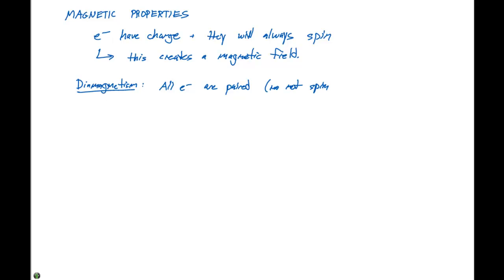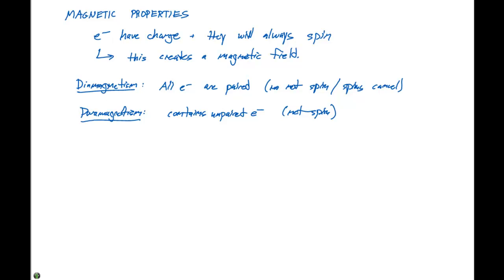There's no net spin, or the spins cancel. And there's paramagnetism, where we have a species that contains unpaired electrons. So there's a net spin involved when we're looking at our atom or our molecule.